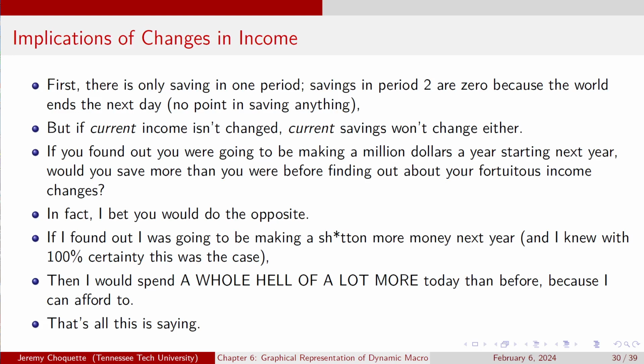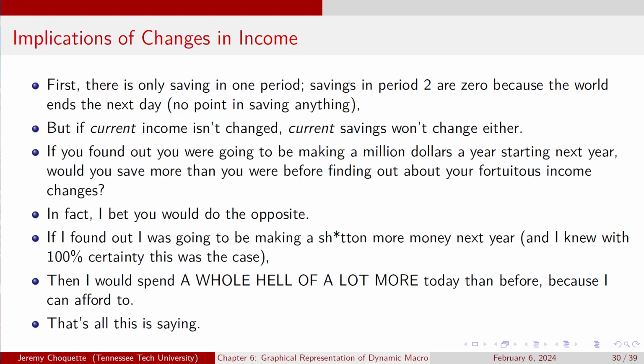There's only saving in the first period. Savings in the second period are zero because the world ends the next day, right? There's no point in saving anything. So if current income doesn't change, current savings won't change either. So if you found out you were going to be making $1 million a year starting next year, would you save more than you were before finding out about this nice change in income?